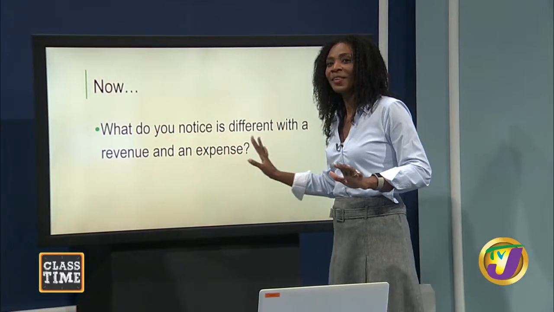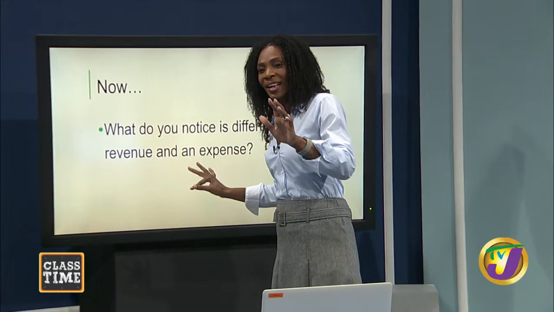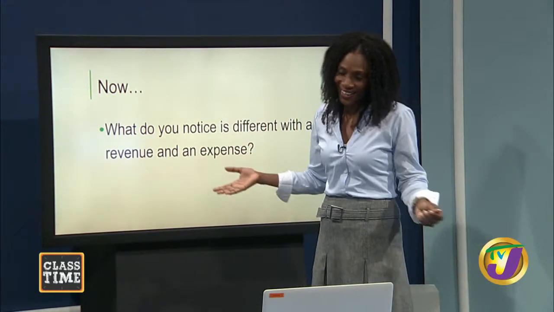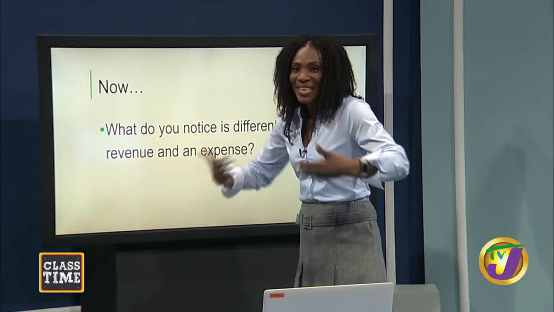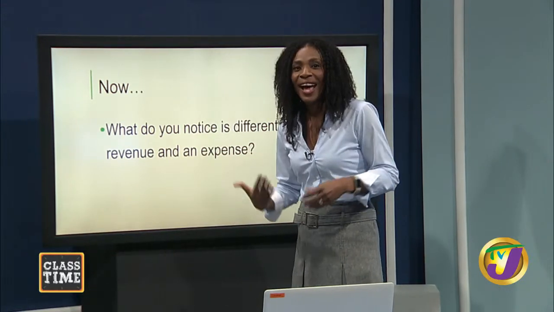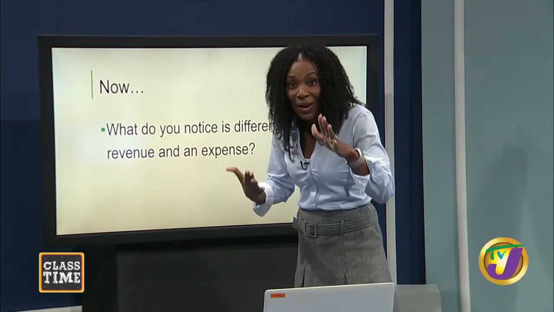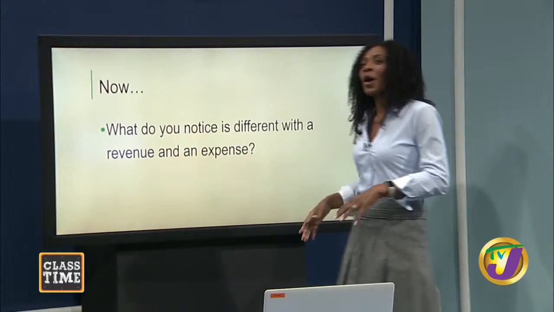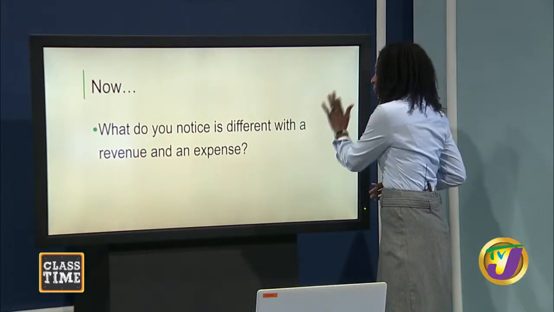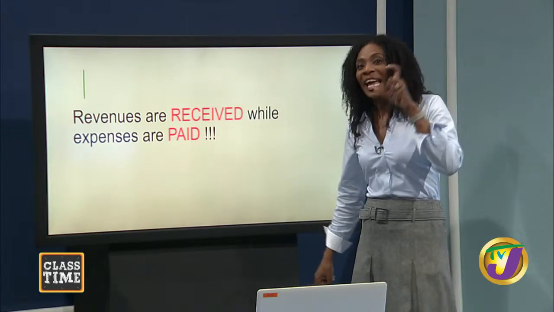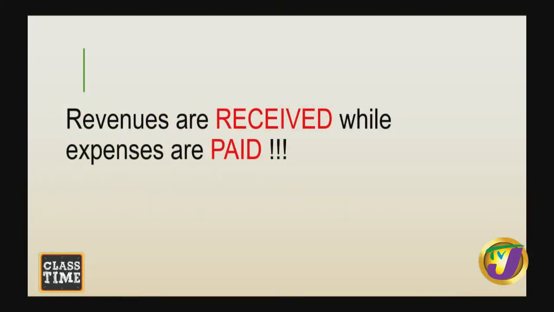The revenues we get, and the expenses we pay out. Good. Now in accounting language, revenues are received, while expenses are paid. Revenues are received, while expenses are paid.